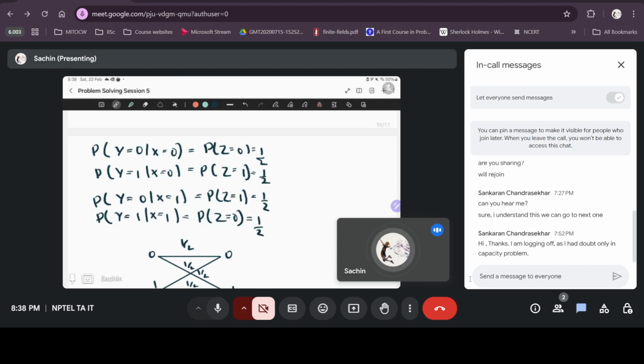You can't gain any information about whether your input was 0 or 1. That's because it's equally likely that your input was 0 and your input was 1 given that your output is 0.